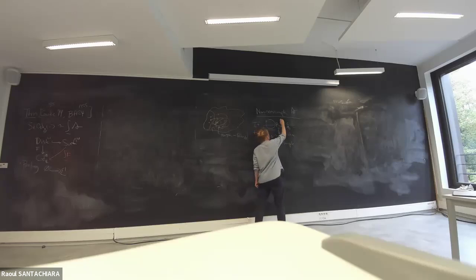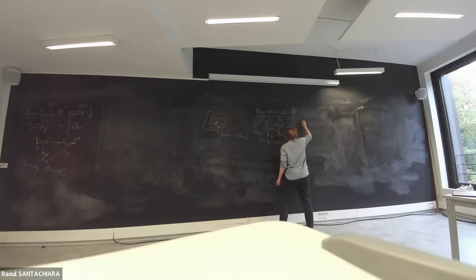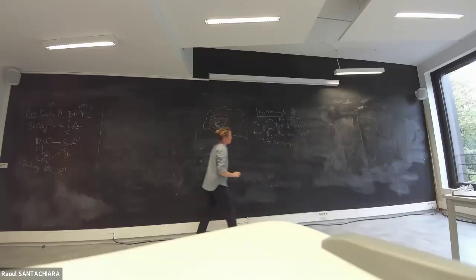This is also projective, and then I have a map back to the unit. If I multiply by 1 over C, then this whole thing is a retract of P tensor P dual. And a retract of a projective is projective.